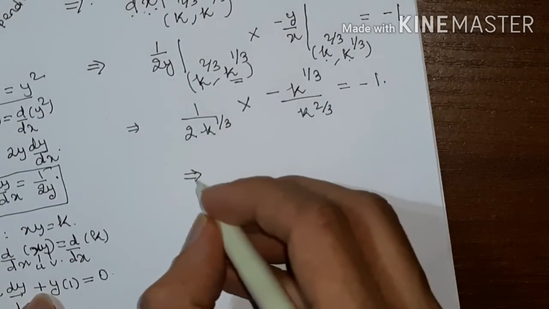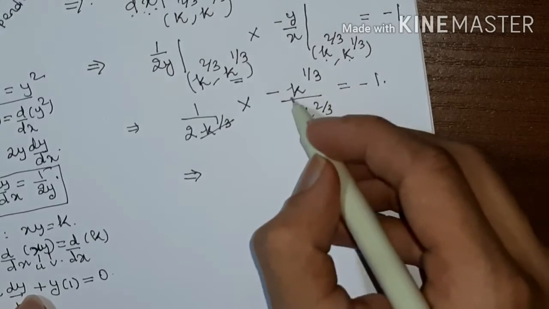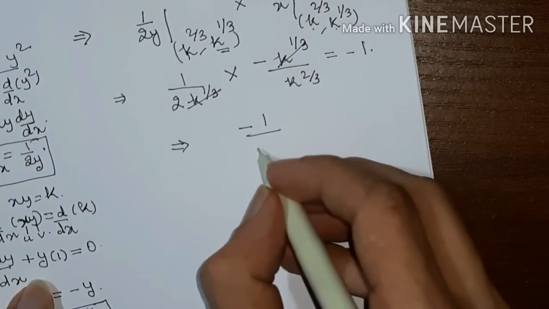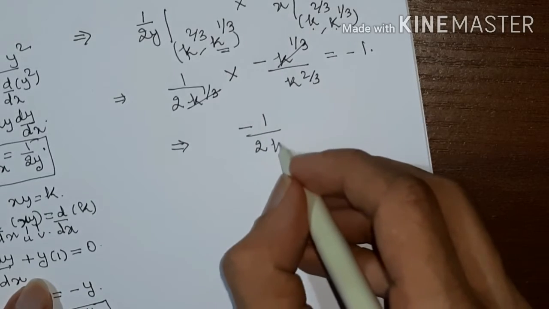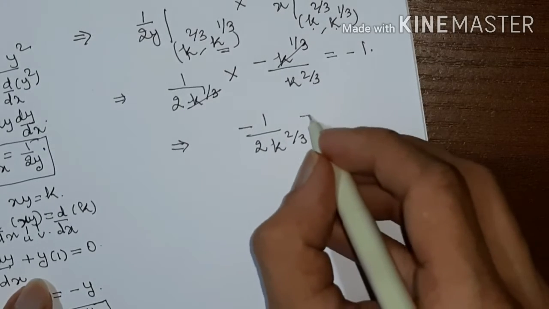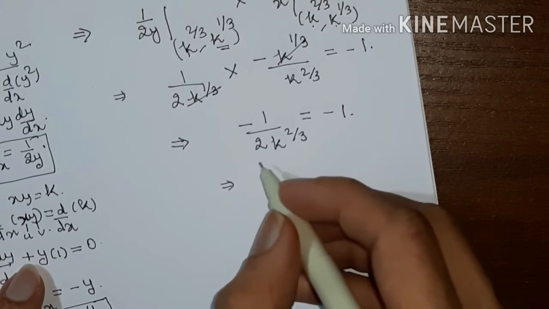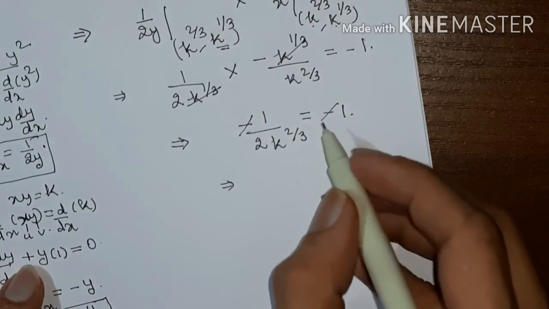So k raised to 1 by 3 and k raised to 1 by 3 will get cancelled, and you will get minus 1 by 2 multiplied by k raised to 2 by 3 equal to minus 1. Here minus and minus get cancelled.